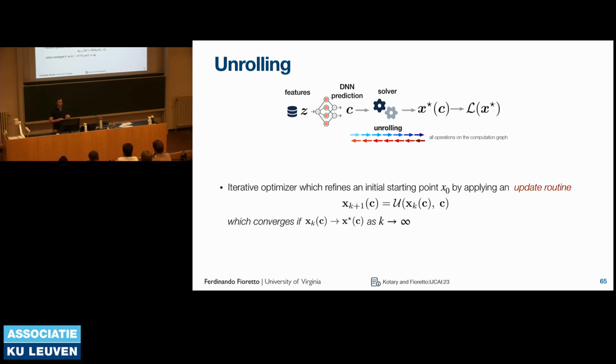And so one way to solve this challenge is to use unrolling. Whenever you have any iterative optimizer, you can expand this iterative optimizer over your computational graph. And then as you go forward in the forward pass, you can simply go backward in your backward pass and have your Jacobians ready. So this is called unrolling.